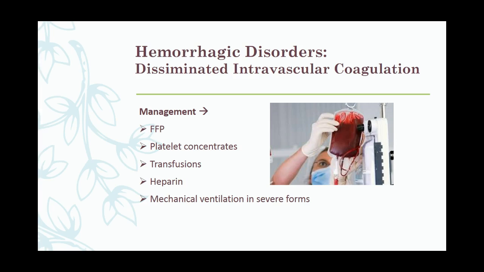So we really need to break those clots up. Oftentimes, these people will end up on a ventilator, especially if DIC becomes severe. So we manage them by giving them plasma, platelets, transfusions, and we also may give them heparin as well.